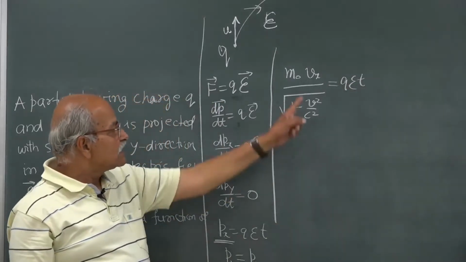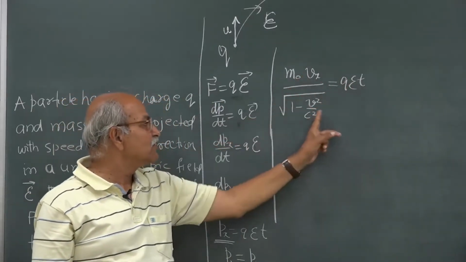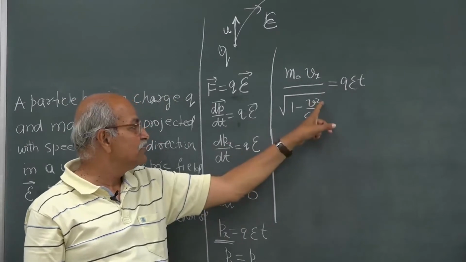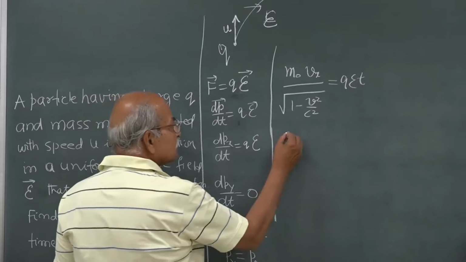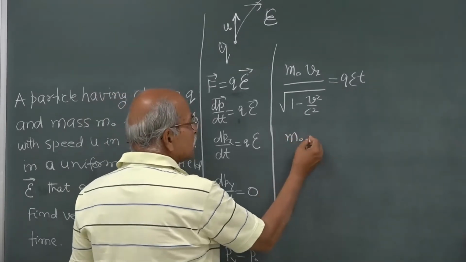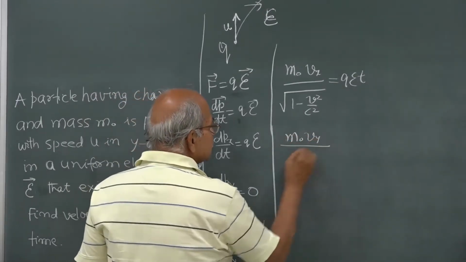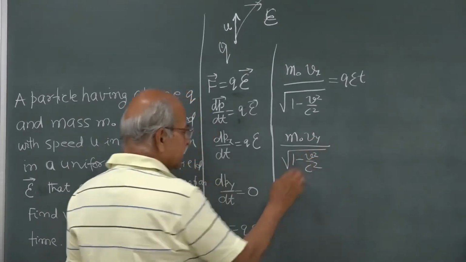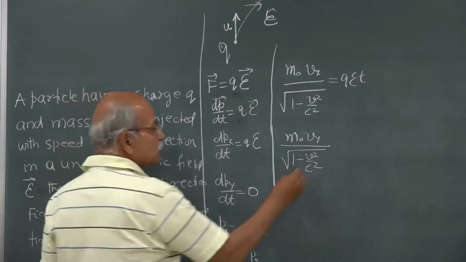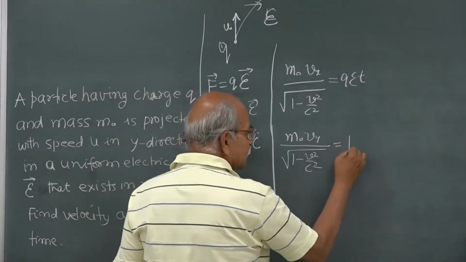So, from here getting vx as a function of time is not trivial, because vy is involved here. Similarly, py is m naught vy divided by square root of 1 minus v square by c square, and that is equal to p naught, constant.